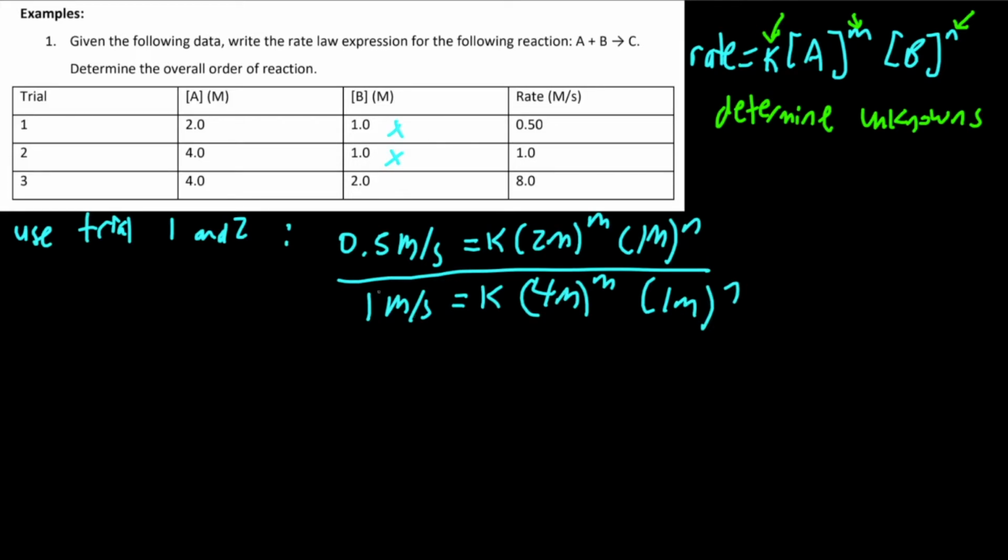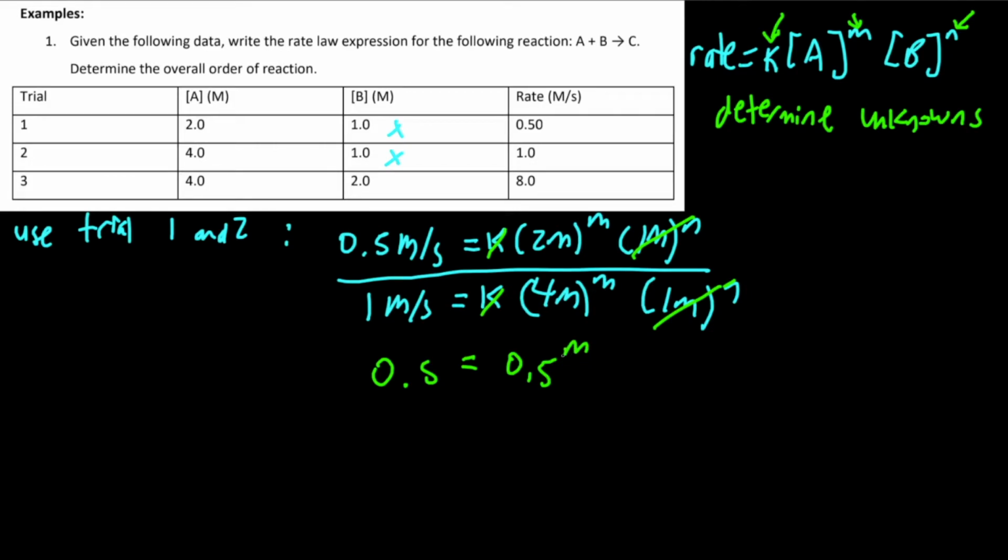So what happens here is you can start canceling out some of the variables that are the same. So for here, 1 molar n cancels out, the k's cancel out, and then here you get 0.5 divided by 1. This means you have 0.5 equals 2 divided by 4 gives you 0.5 to the m.